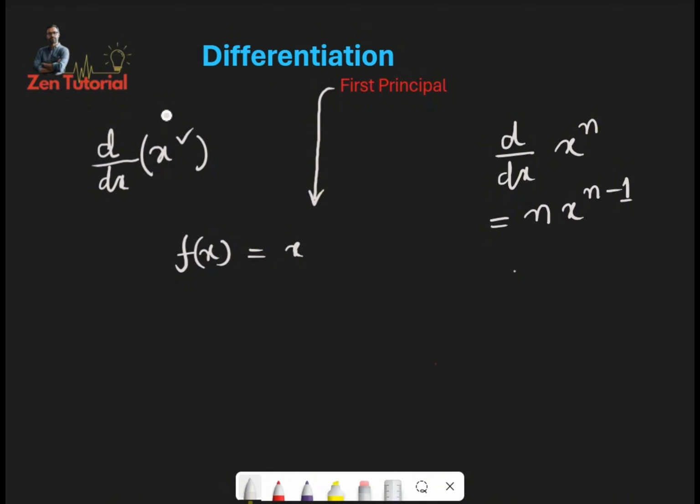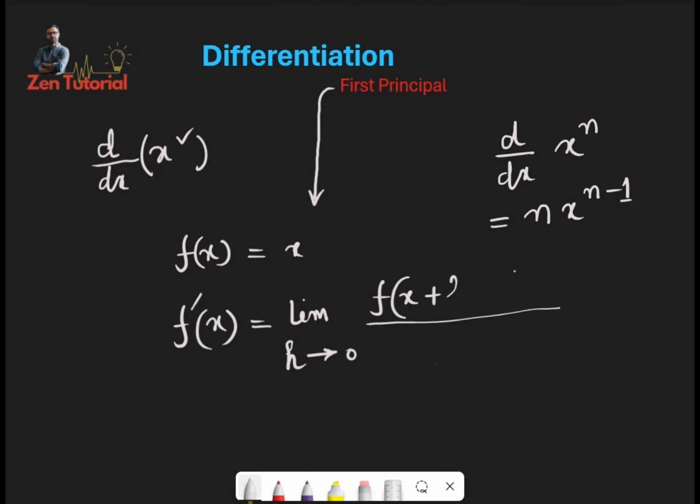Now if we use the first principle, we can write down the first order differentiation. f dash of x is equal to the limit as h tends to 0 of f of x plus h minus f of x over h. So this is the definition of the first principle of differentiation.